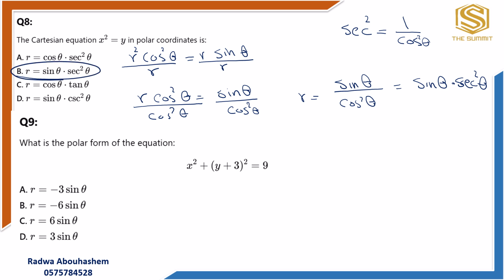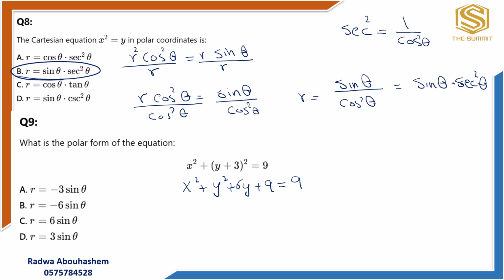Question number 9. What is the polar form of the equation x power 2 plus (y plus 3) power 2 equals 9? Let's first simplify it. x power 2, and this is the perfect square, so let's expand: y power 2 plus 6y plus 9 equals 9. Now, let's isolate it in the x and y.